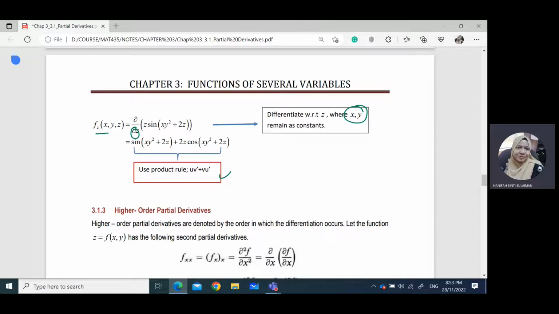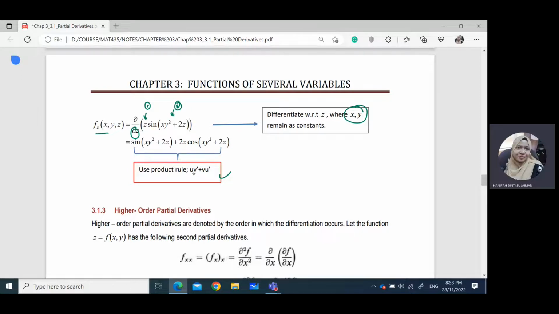We usually use the product rule when it involves variables that are multiplied. Okay, so there are two functions there. One is z and the other one is sine of xy squared plus 2z. So this one is the second function. Okay, right, so we use the product rule.